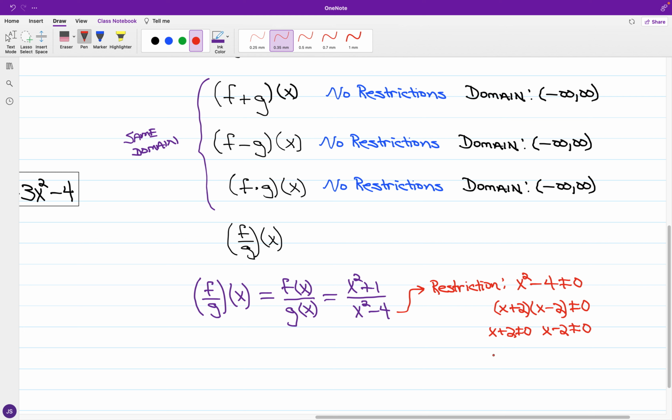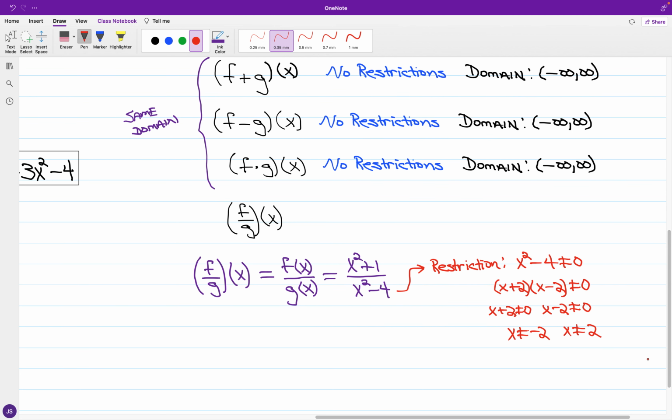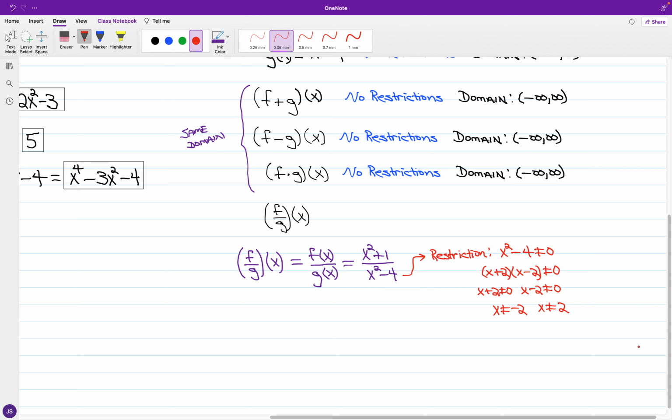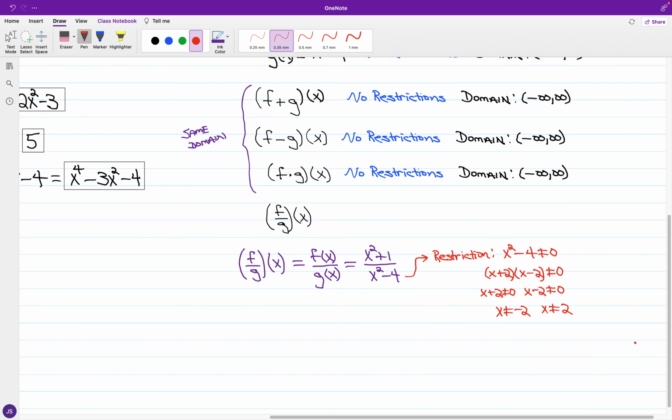So for x plus 2, x plus 2 cannot be 0. So x cannot be negative 2. Also for x minus 2, since this cannot be 0, we have that x cannot be equal to positive 2. So we're not going to have the domain consist of all real numbers.